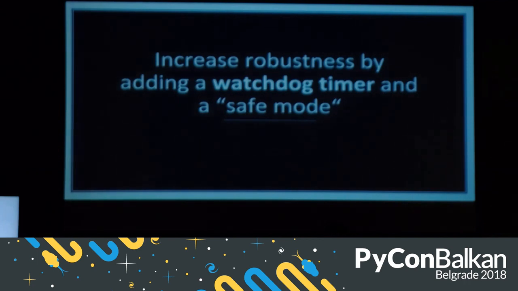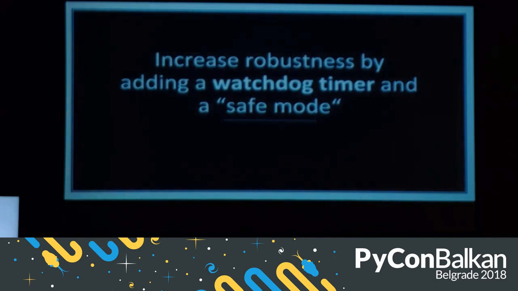Another thing that you can do to make your system more robust is to add a watchdog timer. So basically one kind of process that's monitoring your main process, and then if something goes wrong, it can reboot the system or maybe even go into a safe mode, which would be something really clean and something that you're sure is going to work.